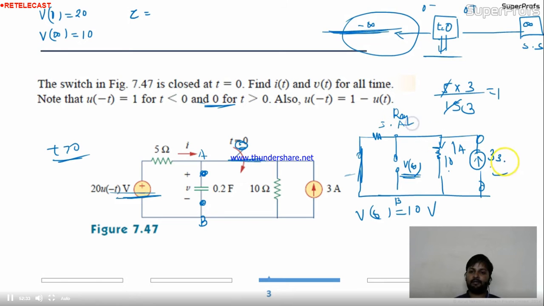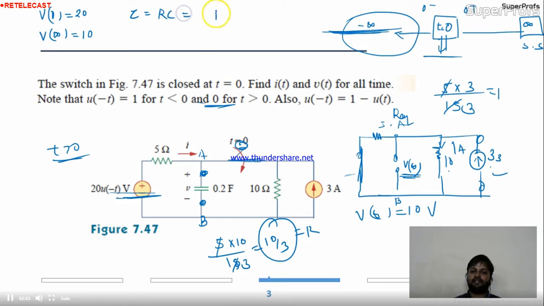For R equivalent, current will be open and the voltage will be short circuited. So this 5 and this 10, they are connected in parallel. Okay. So parallel branch equivalent 5 into 10 divided by 15. 5 3s are 15, so 10 divided by 3. This is nothing but your R. What is time constant? Time constant is R into C. R is 10 by 3. What is C? C is 0.2. This is nothing but 2 by 3.